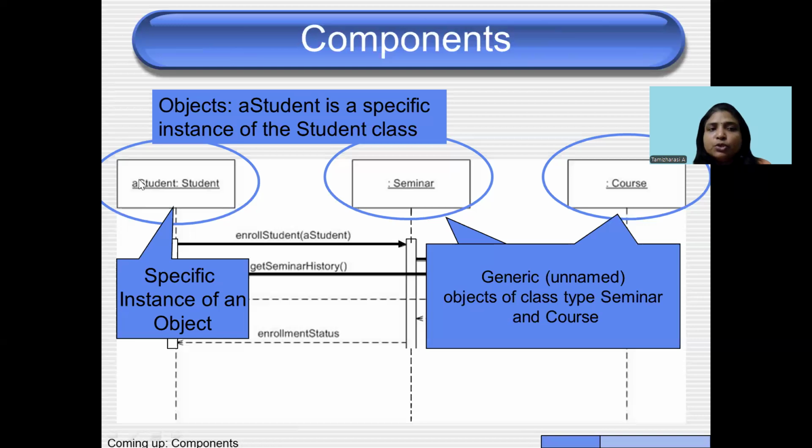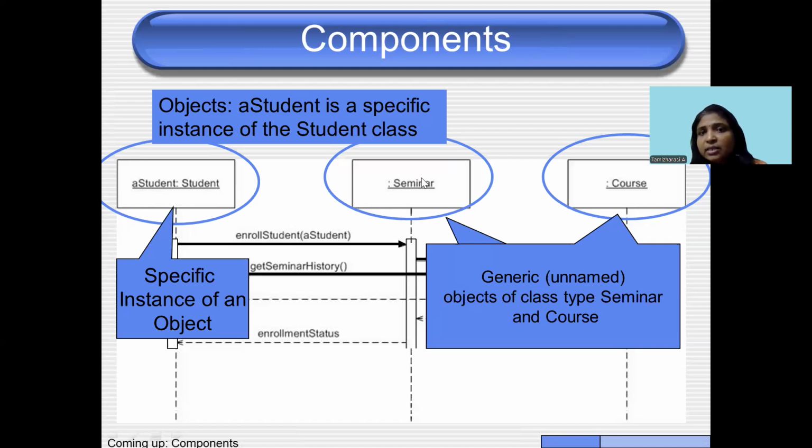When it comes to objects, student is a class, and a student is the object, a specific instance. So a student is an object of the class student. Here you cannot see any named object, and we call this generic.